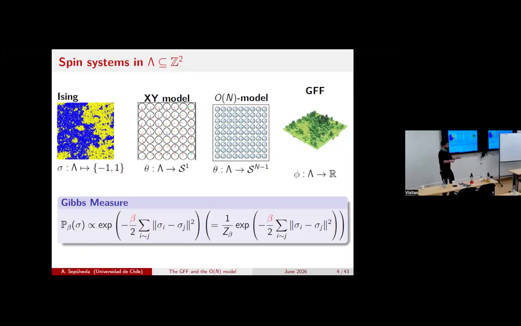It's rotationally invariant, and things work out. Then we go to the last friend, which is the Gaussian free field. In that case, it's in R, so the proportionality is not with respect to a probability measure, but just with respect to Lebesgue measure.